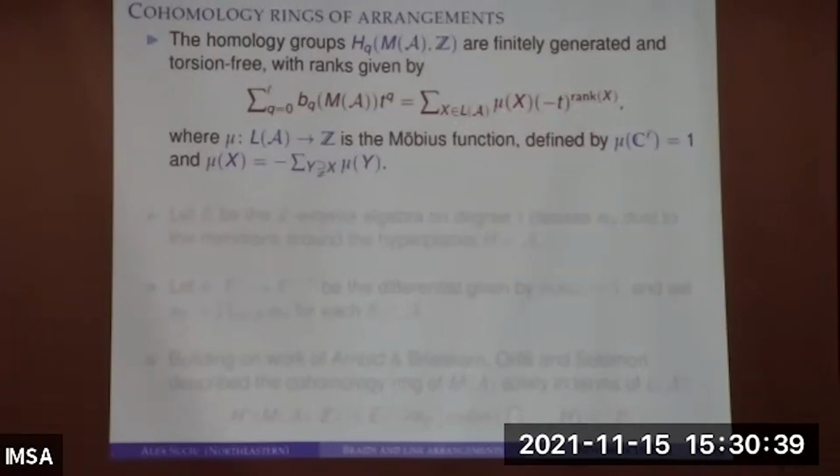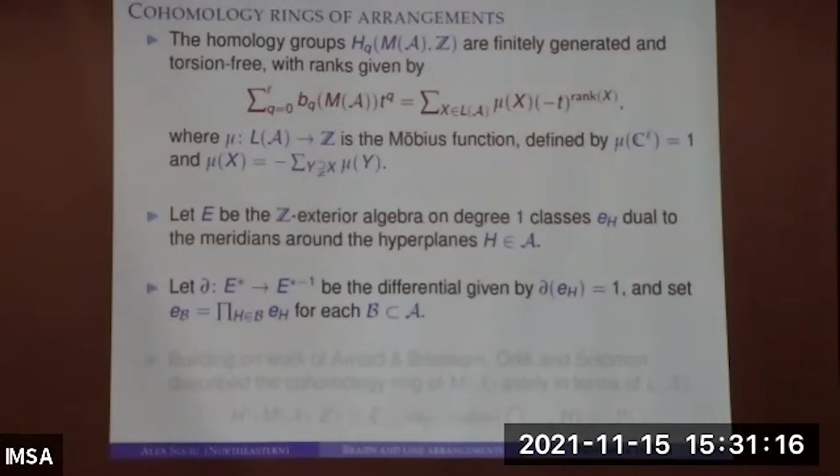Here we take the sum over the flats, and here you have a Möbius function associated with this lattice, which is defined inductively and assigns to the bottom element, the rank 0 flat of dimension 0, which is the ambient space, the value 1, and then we go level by level. The hyperplanes would have value -1, and then you just go through the lattice and compute this Möbius function, and that gives you the Betti numbers. So this is very coarse combinatorial information that gives you the Poincare polynomial.